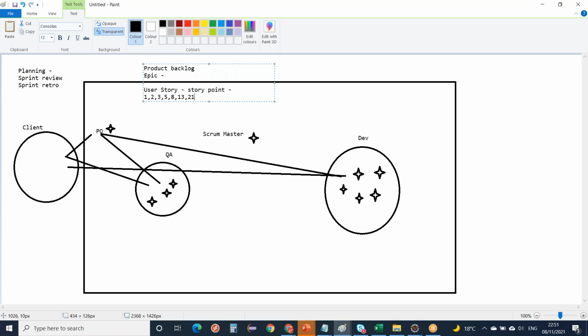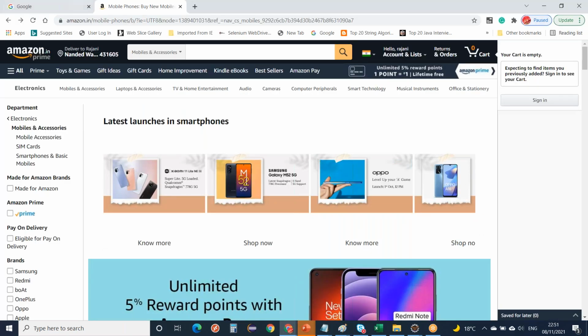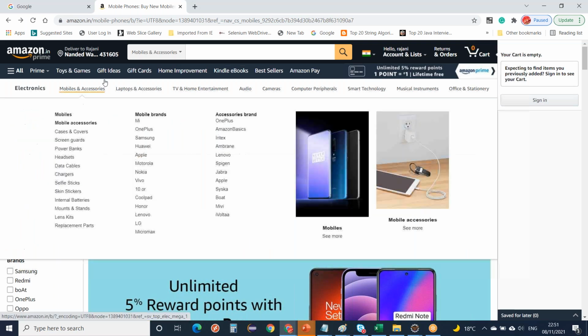So what is a user story? It's a requirement. The story will be written in terms of the user, so that's why they term it a user story. For example, Amazon Prime is a requirement.